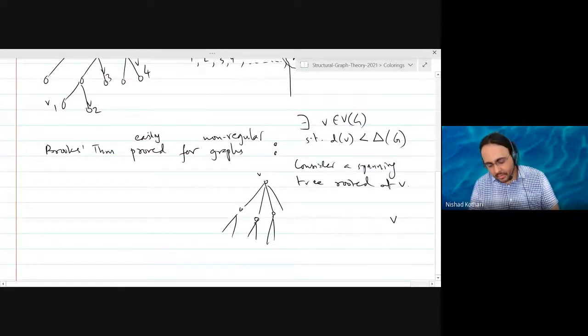Okay? So when you come to this vertex, you know that its degree is not delta, which means its neighbors can receive at most delta minus 1 colors, because it has at most delta minus 1 neighbors, right? So you will always have one color remaining for this vertex.